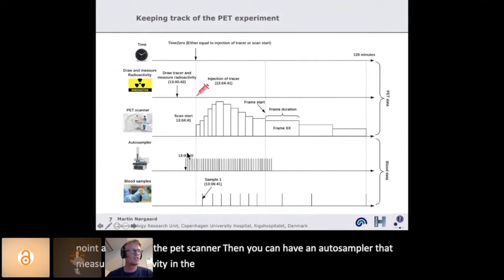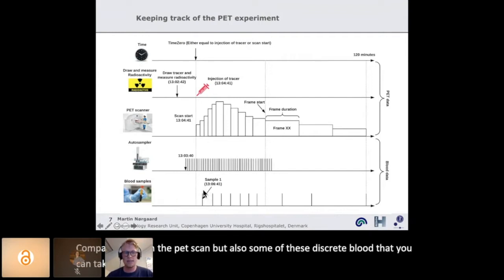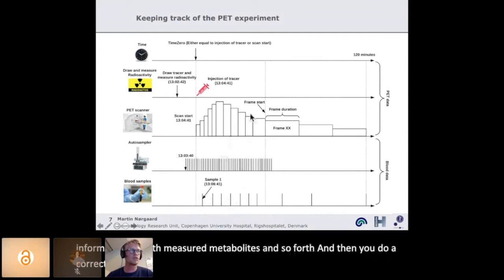And often you start this before the PET scan, and it has a high sampling frequency compared to both the PET scan, but also some of these discrete blood samples that you can take. So this is where you take a manual sample after some time, and you use this information to both measure metabolites and so forth, and then you do a correction on the autosamples. And that is basically what you're using for the final PET data.